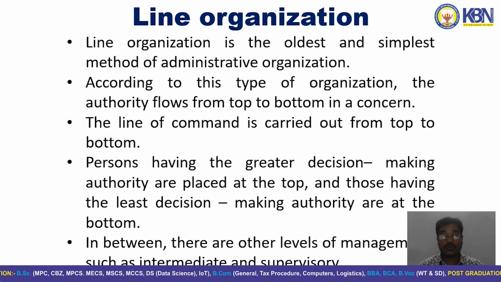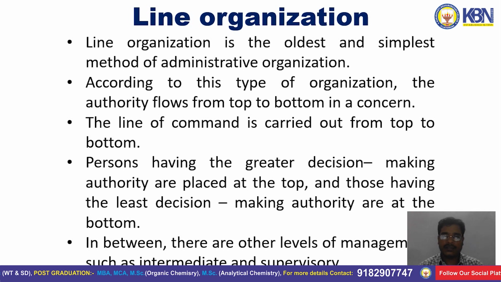Which means those who have greater decision making power will be placed at the top level, and those who are least in decision making will be at the lower level, right?